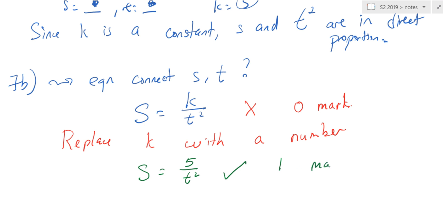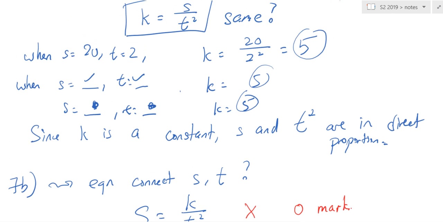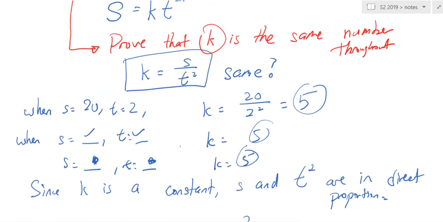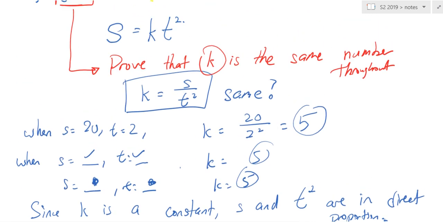I'm sorry. Did I do everything wrong? Oh, so it's this one, right? So can I do correction again? I'm sorry. This is wrong.